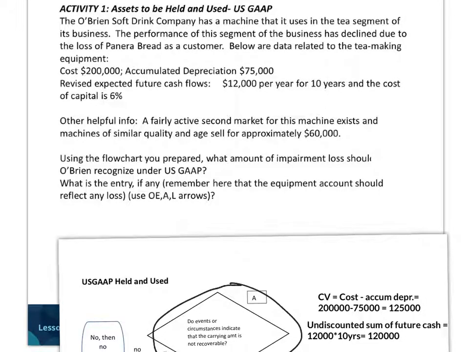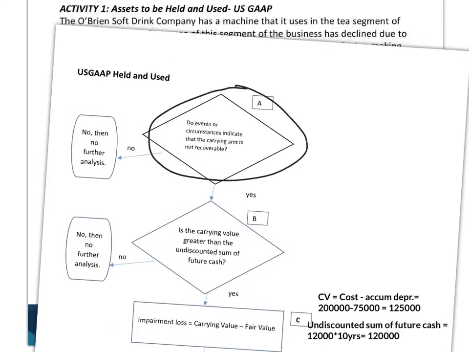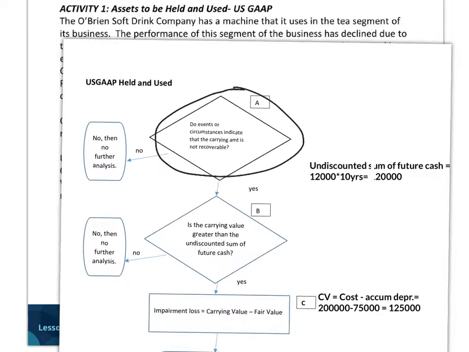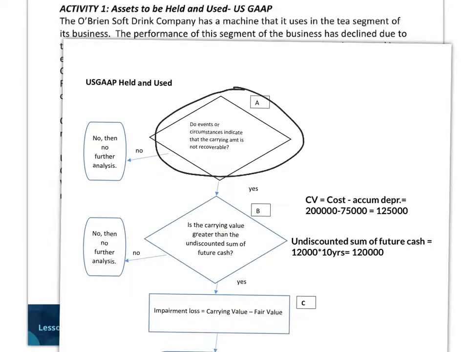All right. Do we have a fair value? Yes, from the information, there's a second market. That fair value is $60,000. So for this step, all right, put those back where they were.